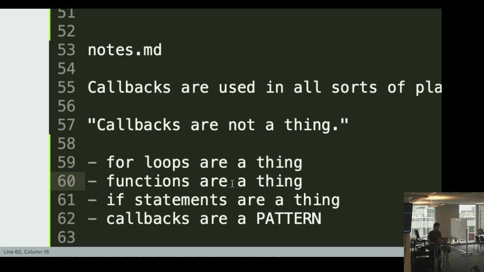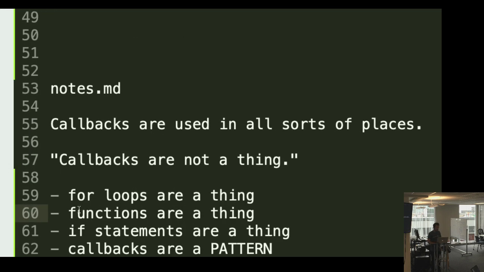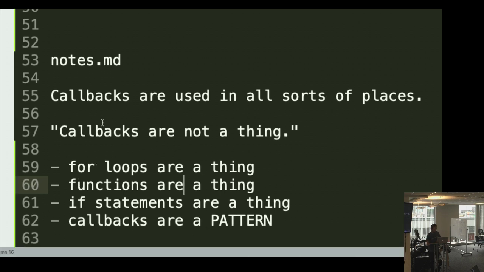But I want you to keep in mind that callbacks are used in all sorts of places. You can be using callbacks today for things like sorting a list, right? Sorting an array. For some reason, that's going to take a callback. Or you're going to be using callbacks for things similar to what we've done, looping through arrays and doing particular actions. But you're also going to use callbacks to solve particular web development issues that you're going to learn about next week.